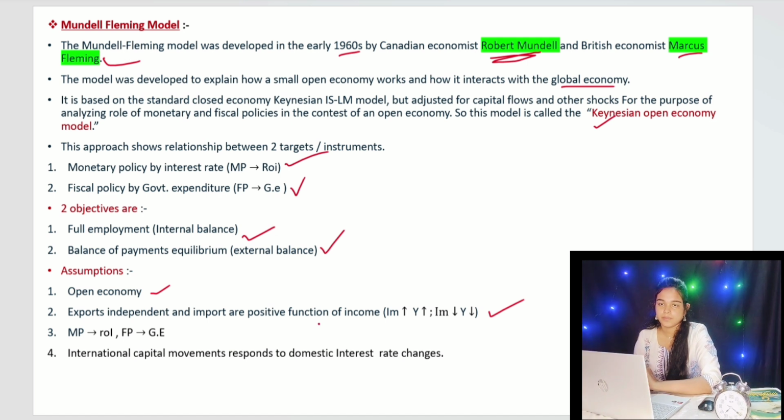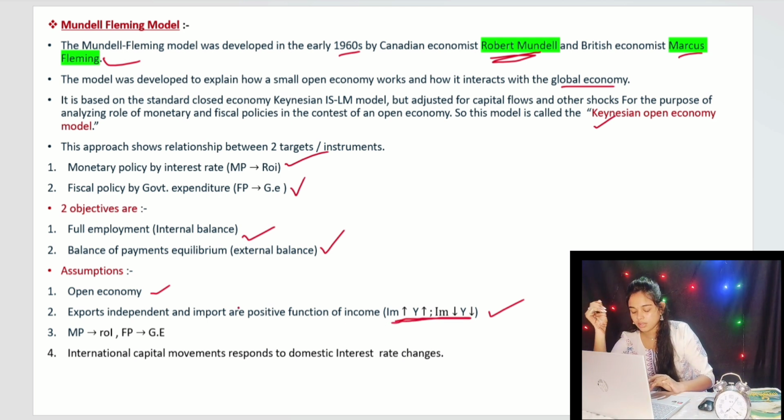Exports are independent, but imports are a positive function of income, meaning if imports increase, income increases, and if imports decrease, income decreases. And as we know, the approach shows the relationship between monetary policy related to the rate of interest and fiscal policy related to government expenditure.